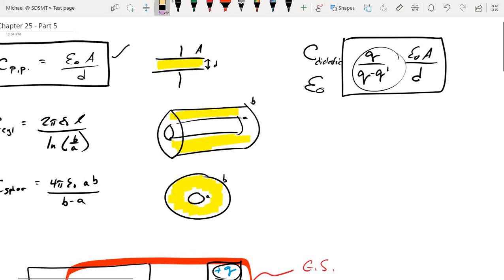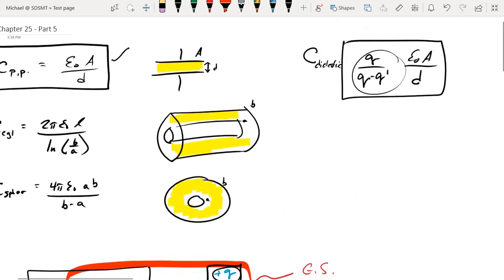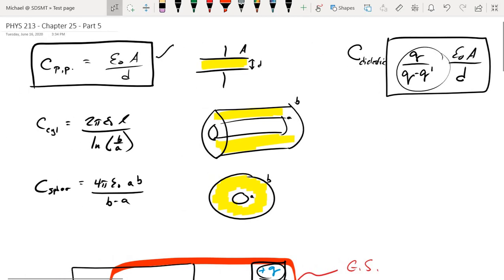And we might be thinking to ourselves, well, how easy is that going to be to measure the charge ratio between the plate and the stuff that's moving around inside that dielectric? And it's not going to be that easy. But we don't necessarily have to measure that ratio. We can measure the effects.